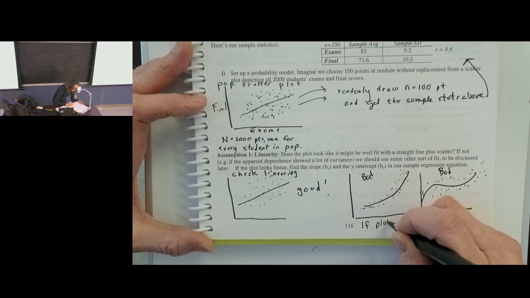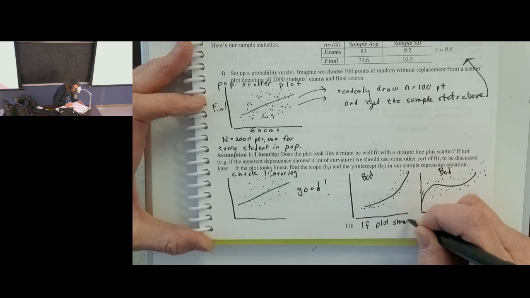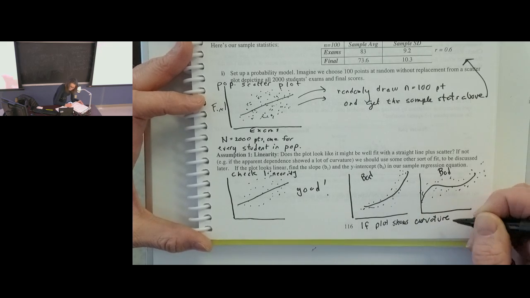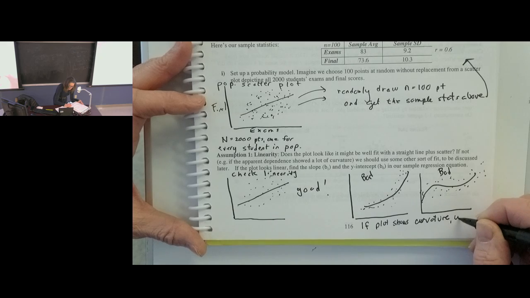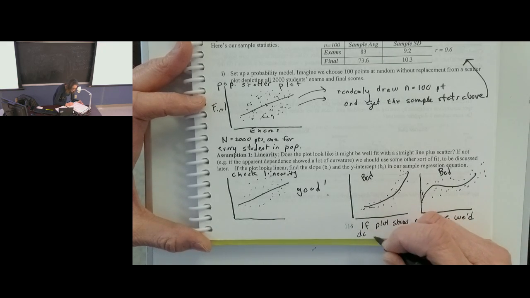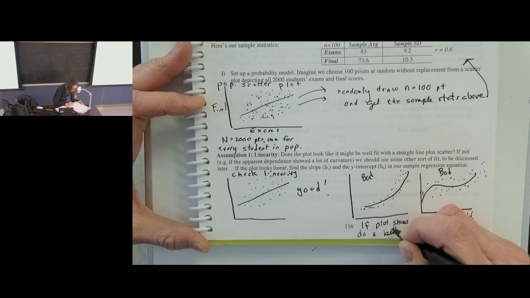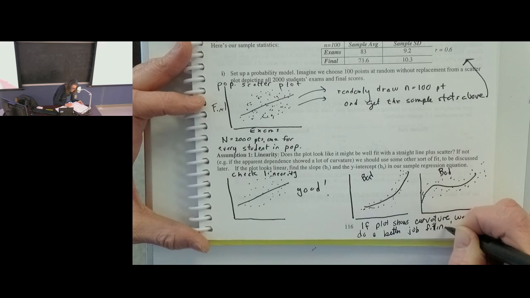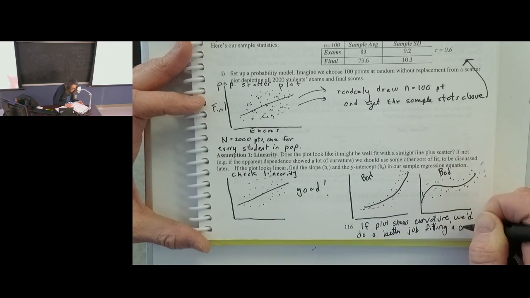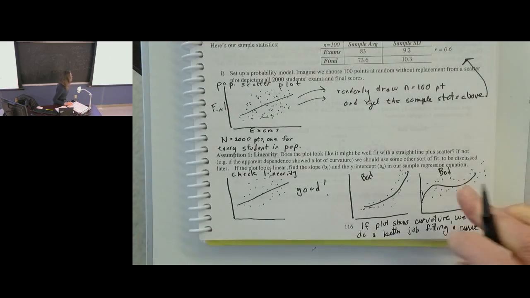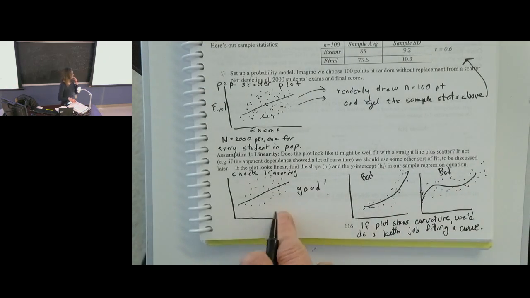If the plot shows curvature, and a lot of plots do, we'd do a better job fitting a curve. We're going to deal with stuff like this later in the semester. But for now, let's just say it's good.